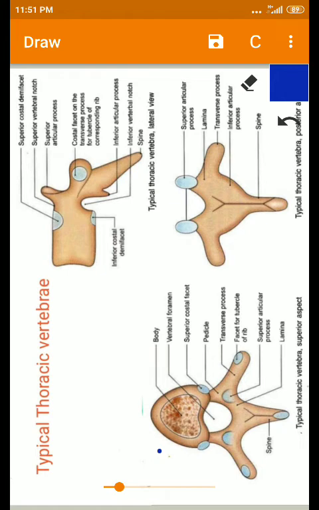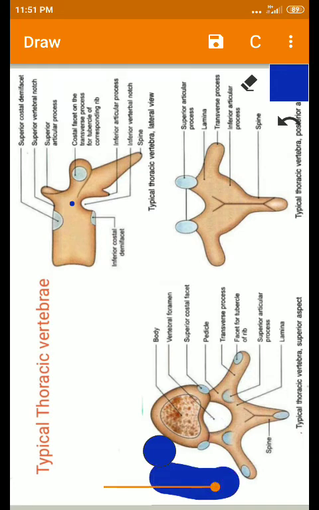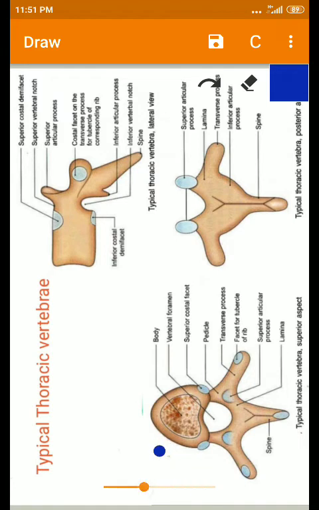Now, a very important thing here, the superior demifacet. Still we are in the body itself, we are dealing with the body. The body is heart in shape, and it has roughly the same measurements in the AP and transverse diameter.